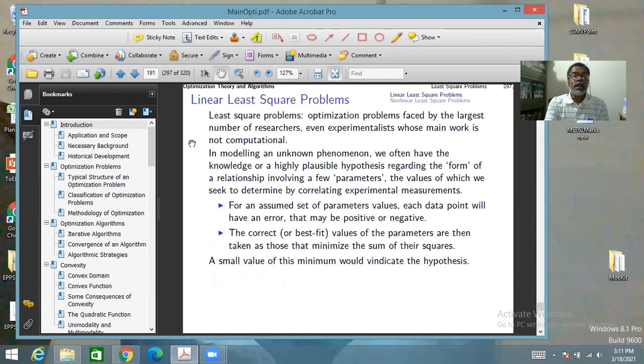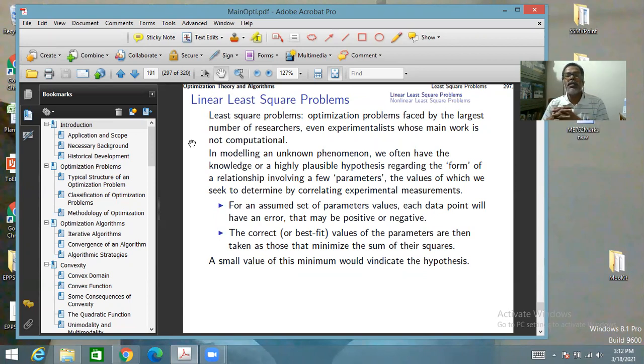So least square problems are in a way simple problems, but they are extremely important in the sense that if the form of the error functions turns out to be very complicated, then even least square problems may become complicated. And more importantly, least square problems happen to be those optimization problems which are faced by the largest number of researchers.